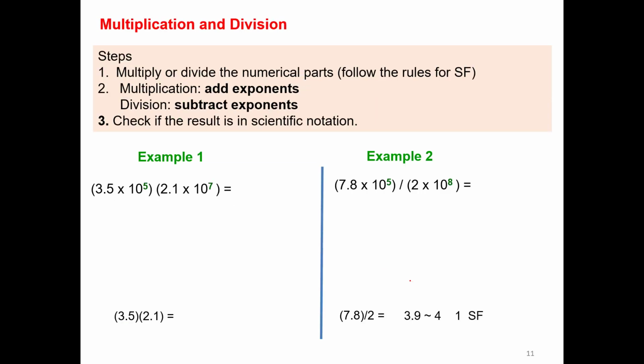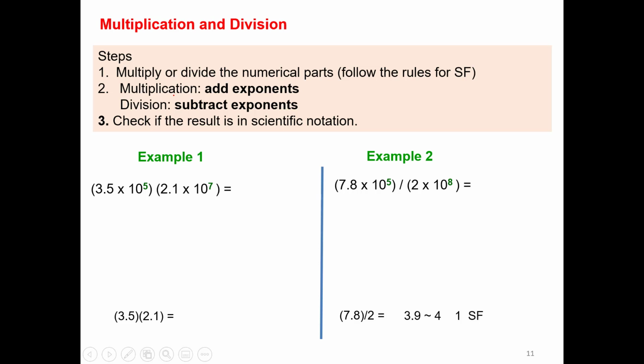And let's try now what happens in case of multiplication and division. In multiplication and division, we multiply or divide the numerical part, the numbers, but we need to follow the rules for significant figures. And then we need to apply the rules we know for exponents.